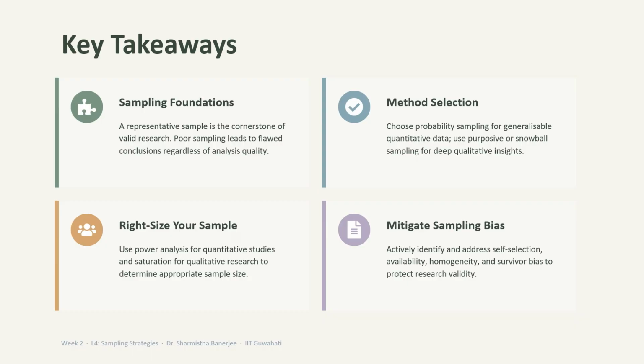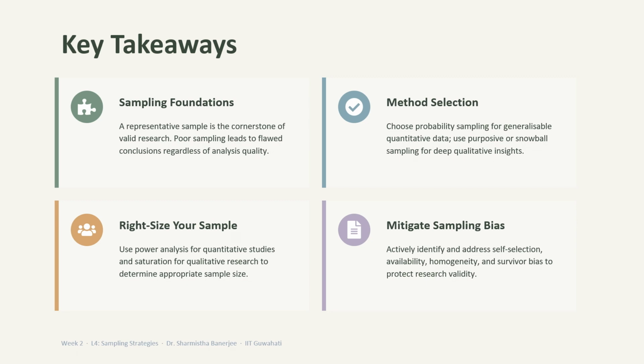When you are trying to select the method for sampling, choose probability sampling for generalizability when you are doing quantitative data collection and quantitative data analysis. Use purposive or snowball sampling for deep qualitative insights. For the right size of your sample, use power analysis for quantitative studies and saturation as the criterion whenever you are going ahead with qualitative research.